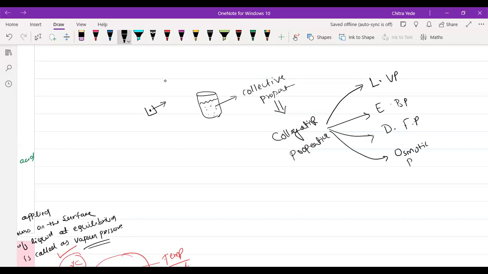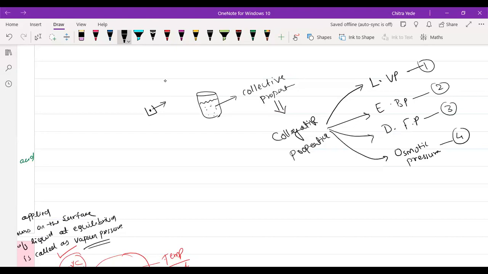So these four colligative properties we have in our syllabus, beta. First one is lowering of vapor pressure, then elevation in boiling point, then depression in freezing point, and osmotic pressure.